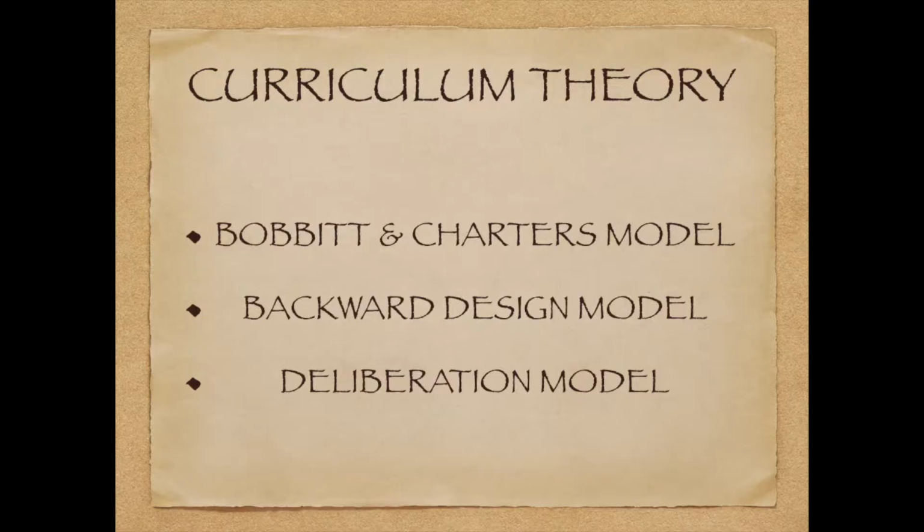Okay, so when talking about my curriculum theory, I decided to choose three particular models. They are the Bobbitt and Charters model, backwards design model, and the deliberation model. The reason that I chose these particular models is that they allow wiggle room. There was still going to be a space where objectives were determined, but it allows for the teachers to really reach consensus about what should be taught and how it should be taught.